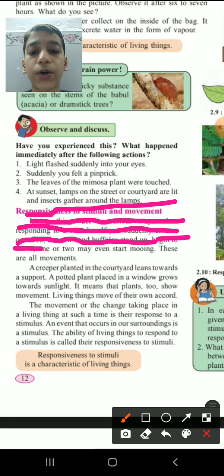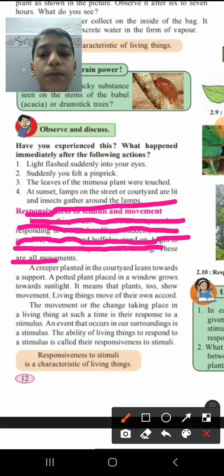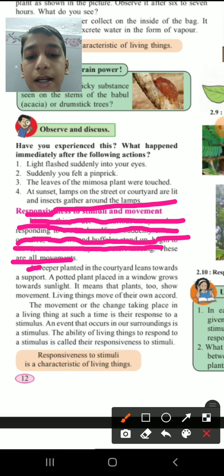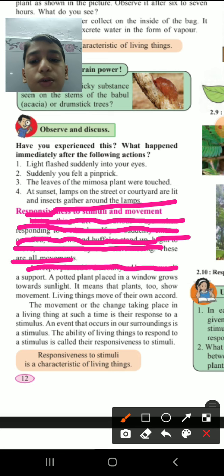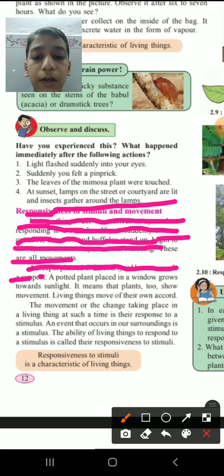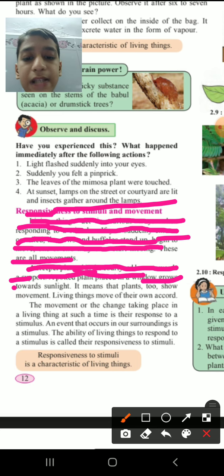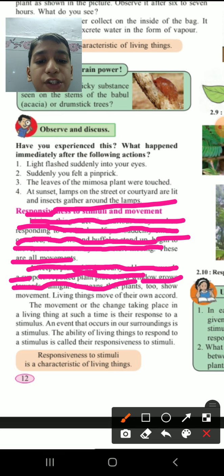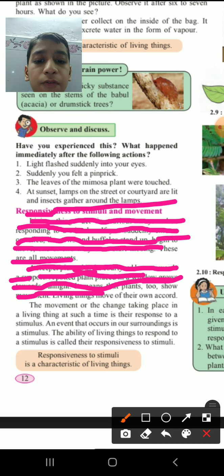These are all movements. A creeper planted in the courtyard leans towards a support. A potted plant placed in a window grows towards sunlight. It means that plants do show movement. Living things move of their own accord.